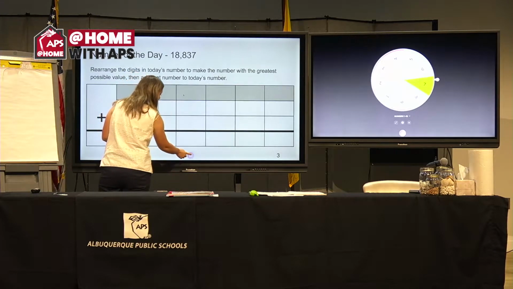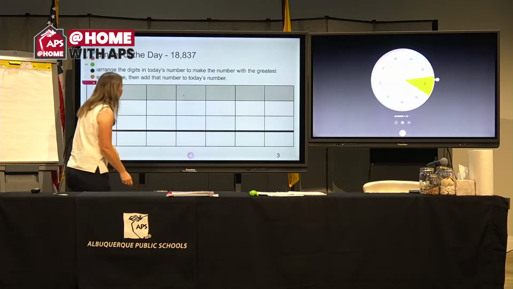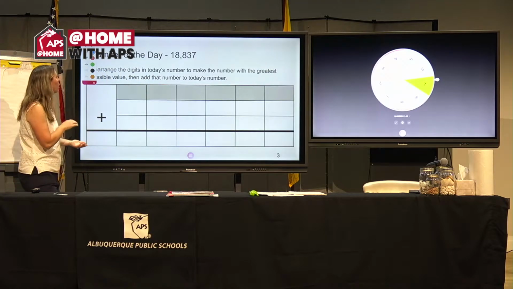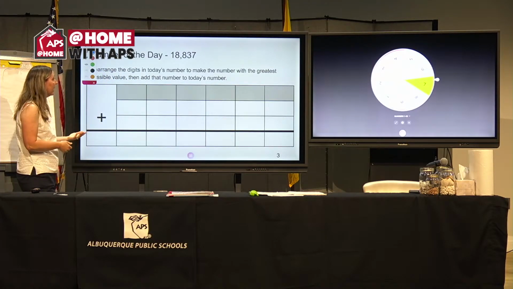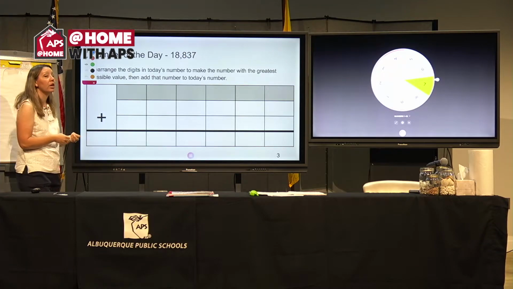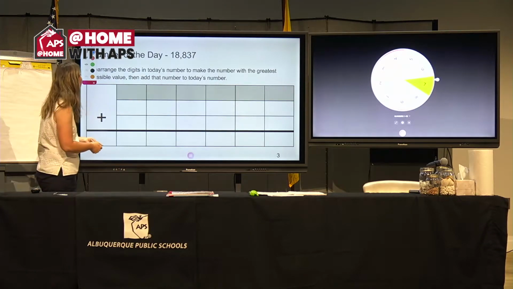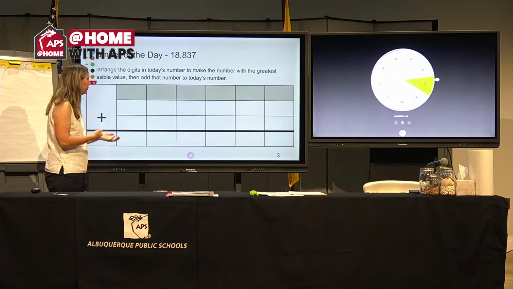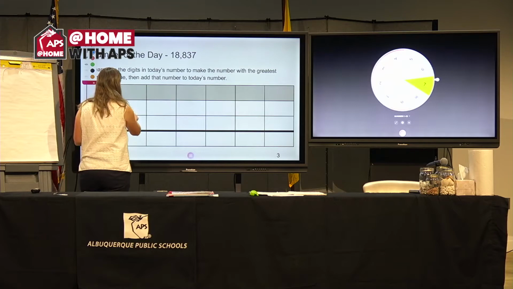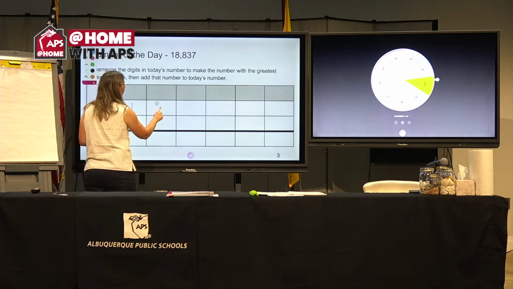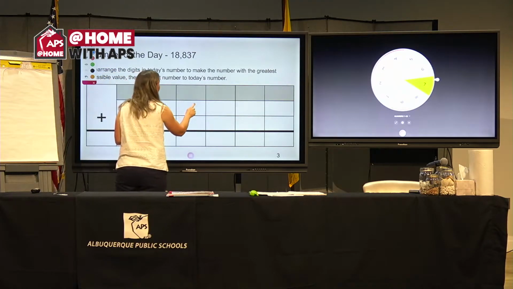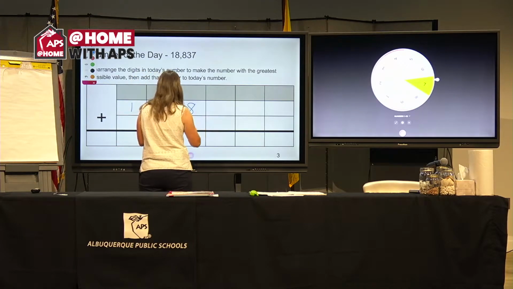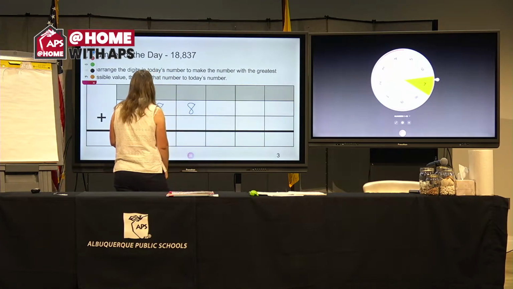All right, this is the next one I can't wait for. I saw this somewhere, and I really liked how this one was. So rearrange the digits in today's number to make the number with the greatest possible value. Then add that number to today's number. So I'm going to put today's number in here since we know we're going to have that. Did you guys see what I did wrong?